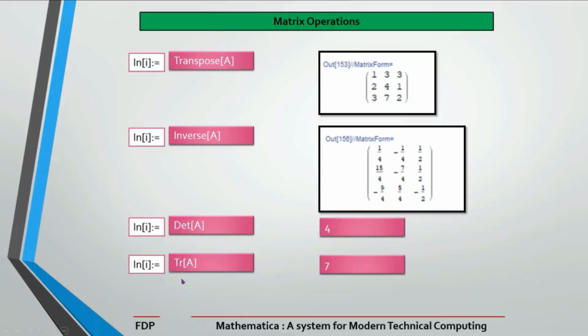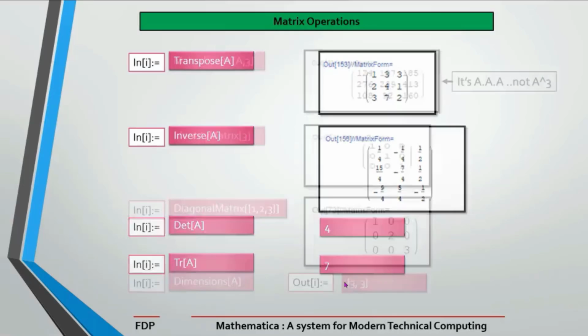So remember that some function names are not the complete word as with Transpose and Inverse. Here it is Det and TR. Trace is nothing but the sum of the diagonal elements, 1 plus 4 plus 2, that is a total of 7, so you will get your output as 7.